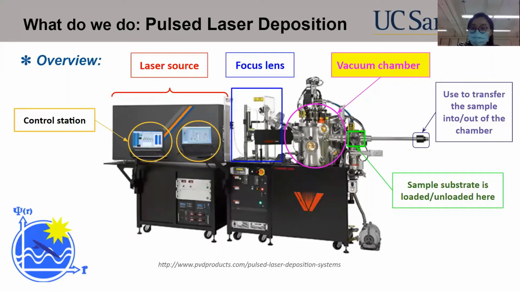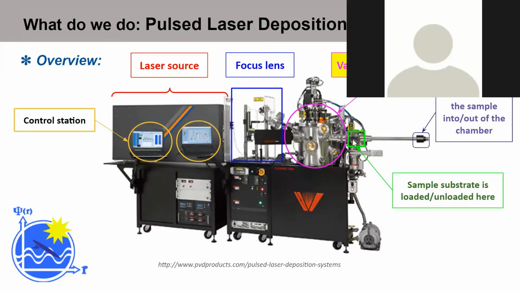The picture you see on the screen is an actual picture of a PLD machine, where we have a laser shot inside the black box here. Then we have a focus lens in order to focus the beam. It is focused down into the vacuum chamber here, and inside the vacuum chamber is where we actually grow the thin film sample. Here's a little gate.